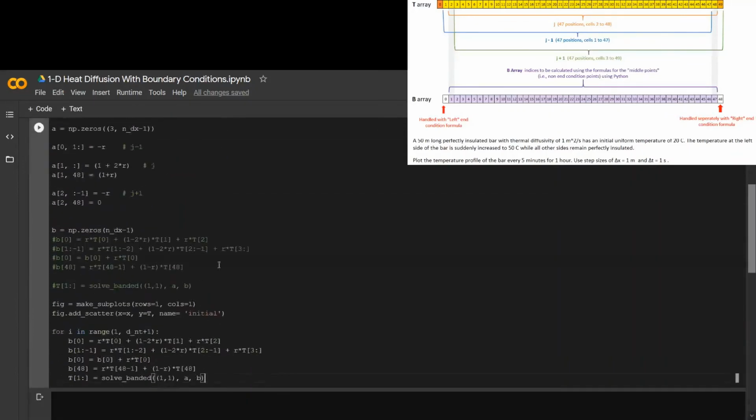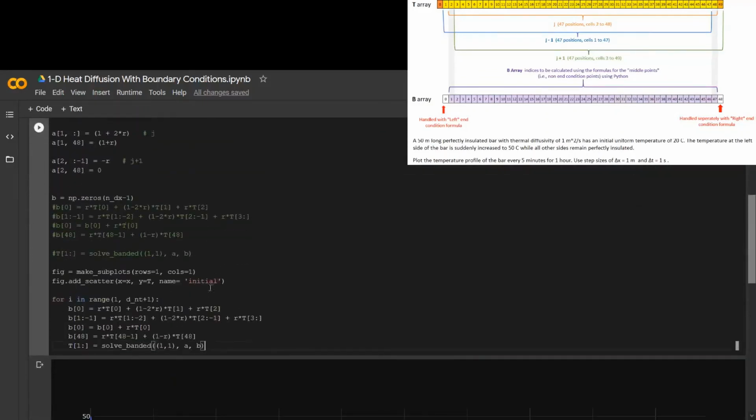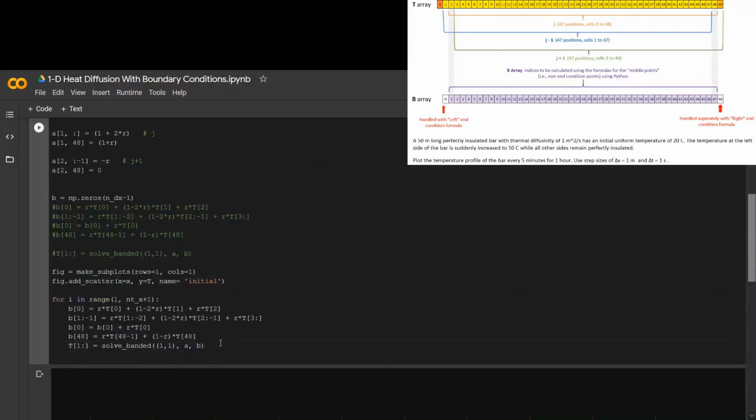Yeah, because we want to iterate through all of our time. That's ntx. Yeah, ntx. That was a good catch. But we don't want to plot every single one of those, or we'll have thousands of lines on our graph. We don't want that.